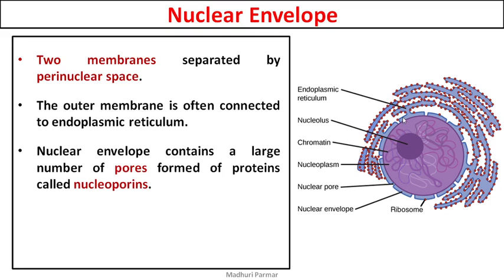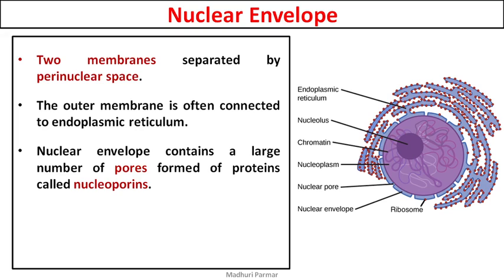The nuclear envelope consists of a large number of pores. You can see a lot of pores are present. They are made up of proteins called nucleoporins. This is the name of the protein which makes these pores. These pores allow transport of RNA and proteins in and out of the nucleus.